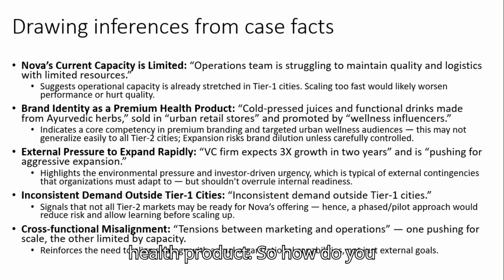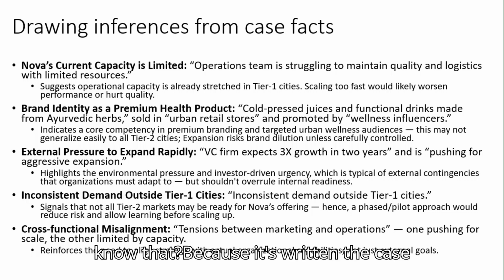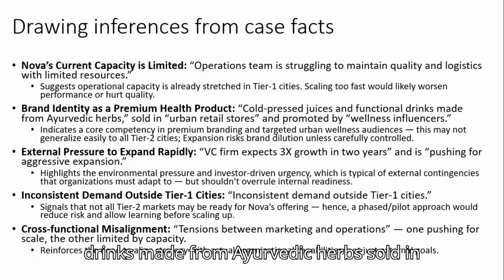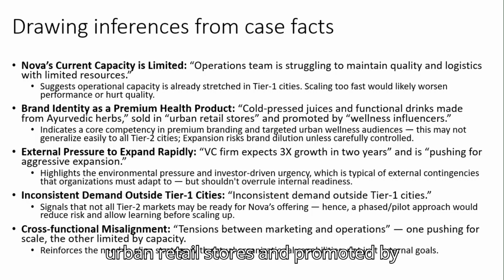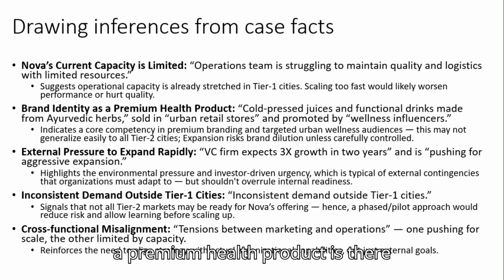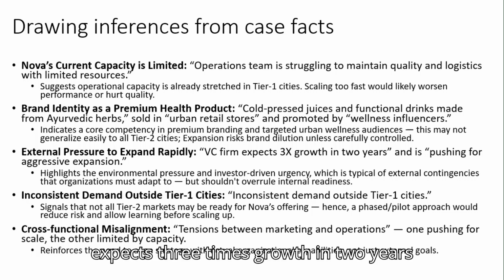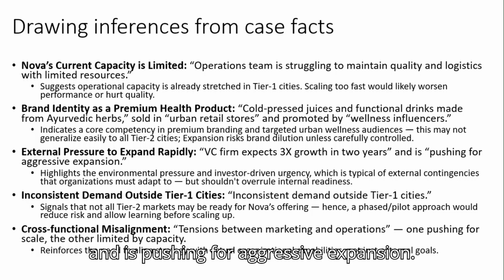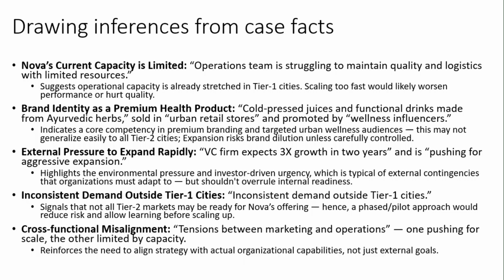The second is brand identity as a premium health product. How do you know that? Because it's written in the case that cold-pressed juices and functional drinks made from Ayurvedic herbs are sold in urban retail stores and promoted by wellness influencers. From these phrases, you know that brand identity as a premium health product is there. External pressure to expand rapidly. How do you know that? The VC firm expects 3 times growth in 2 years and is pushing for aggressive expansion.